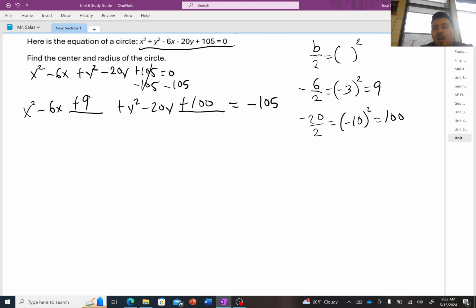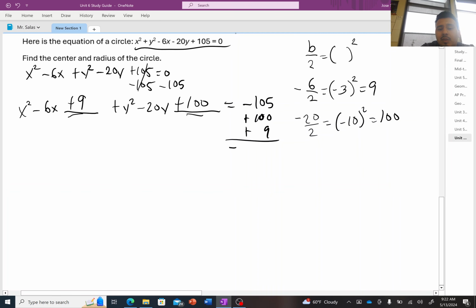Whatever I add to one side, I have to add to the other. So I added the plus 9 and the plus 100, which means I also have to add plus 100 and plus 9 to my right side. Negative 105 plus 100 plus 9 is 109, and 109 minus 105 gives me positive 4.